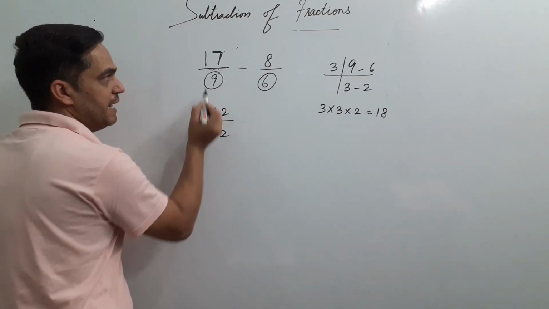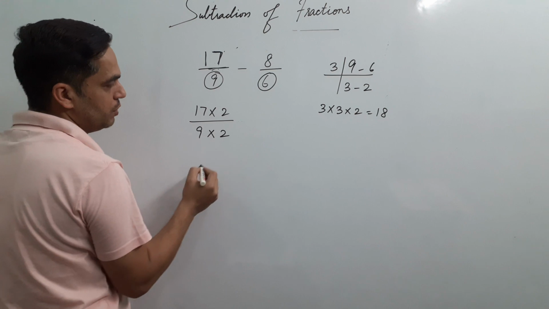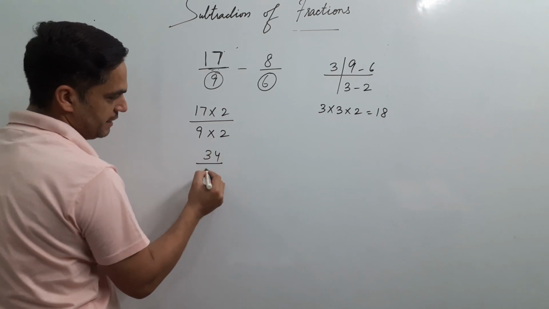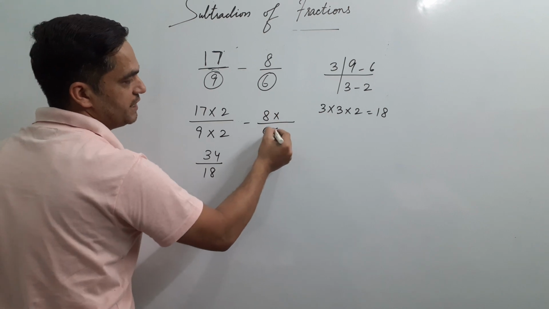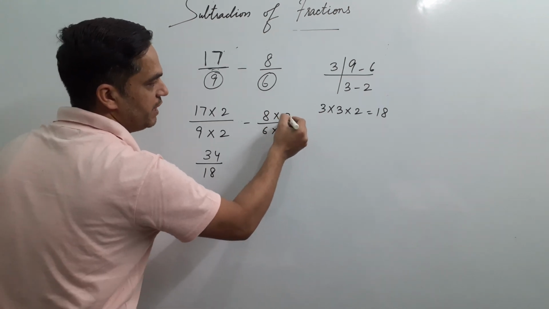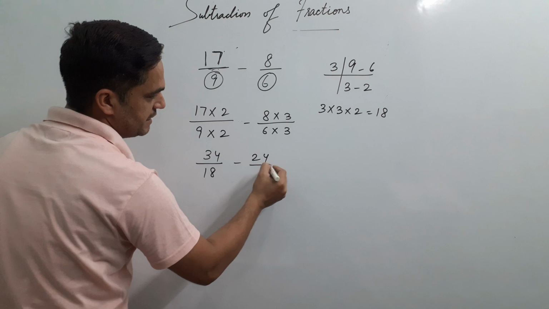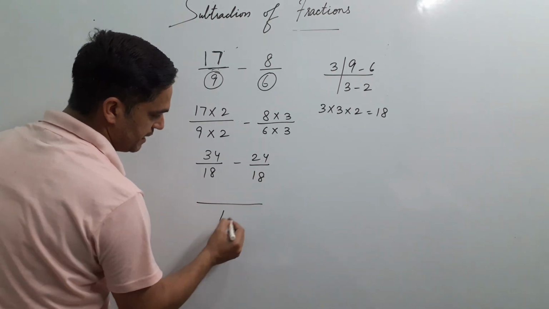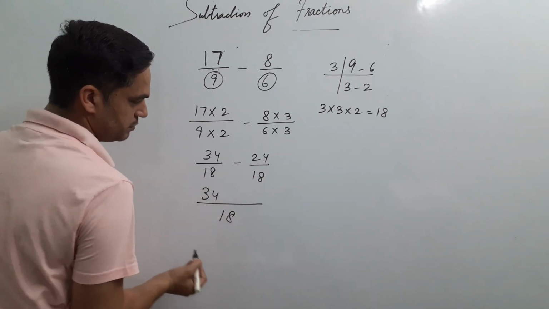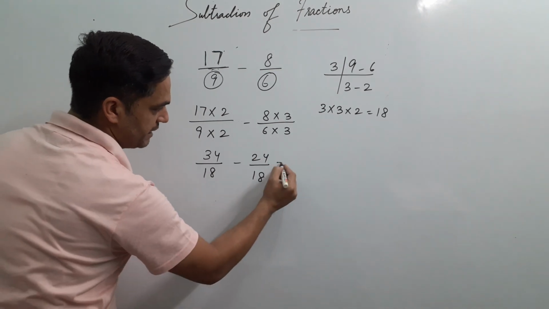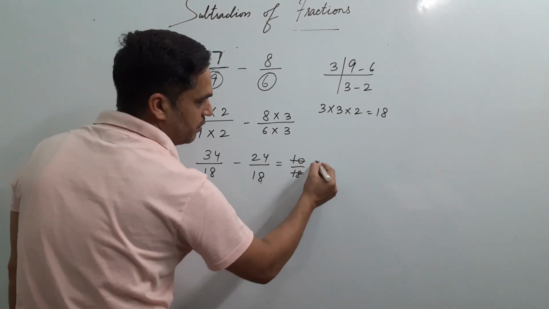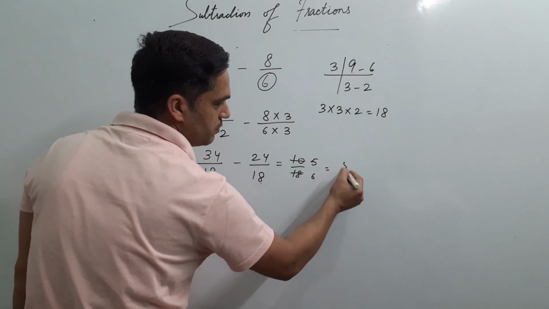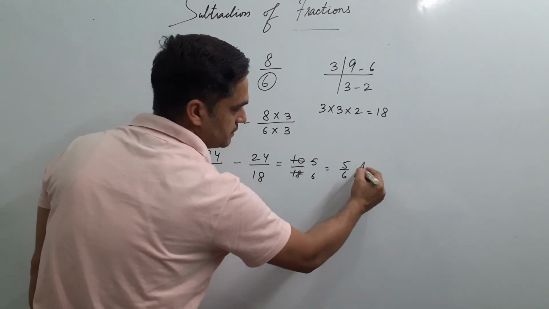If I will multiply the numerator and denominator by 2, we will get 34 by 18. Here, if I want to convert this 6 into 18, I would have to multiply with 3. 8 3s are 24. 6 3s are 18. Now 18 is LCM. You can do the direct subtraction, 10 by 18, because the denominator are same, and convert this into simplest form. The 5 by 6 is the answer.